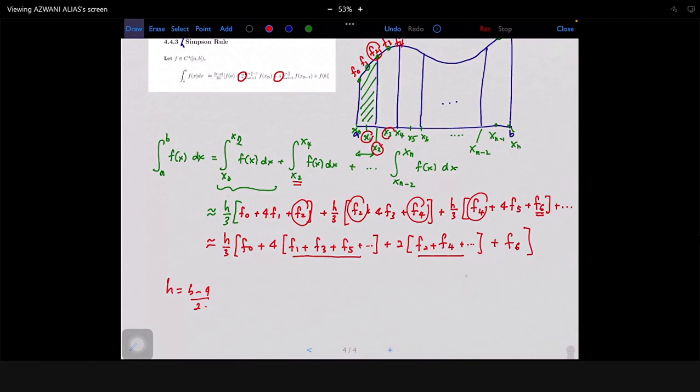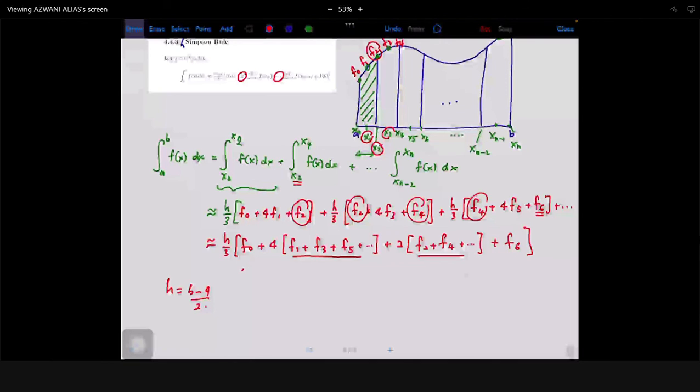Macam tadi trapezoidal rule, kalau kita tulis dalam general, dia akan dapat B minus A divide by 2n. Kan divide by 2n.